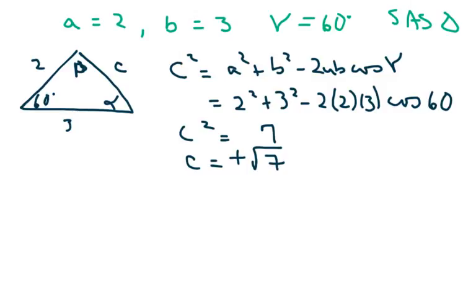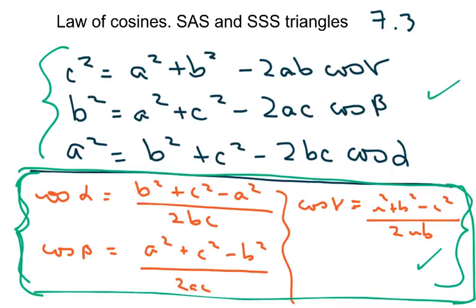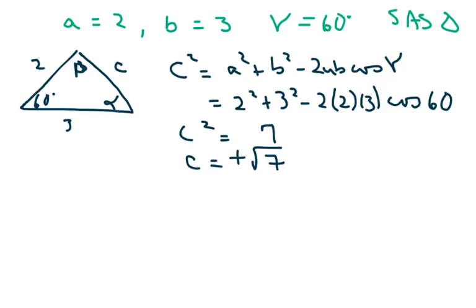Now, to find alpha, instead of using the original formulas they gave us, I'm going to use this one right here. It's very straightforward, and then we'll have to take the inverse. To save space, I'm just going to write in the values.